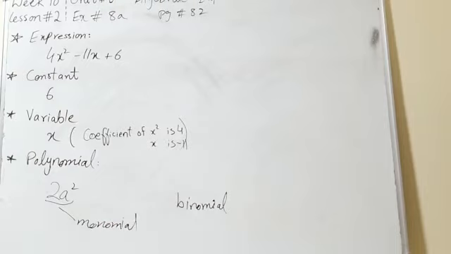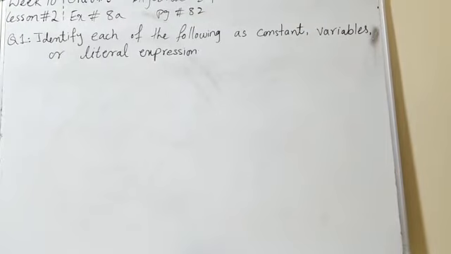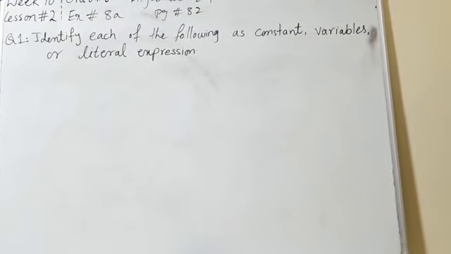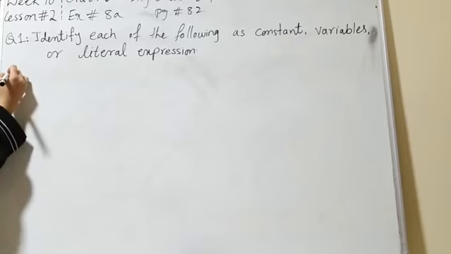Now let's have question number 1 and 2 of exercise related to polynomial, variable, constant and expression. Question number 1 and 2 is objective based question in which you just have to identify one of these. Okay, question number 1 of exercise 8a, page number 82 is identify each of the following as constant, variables or literal expression. We have first part as a square plus 2ab.